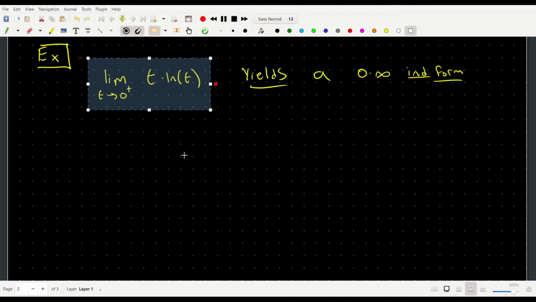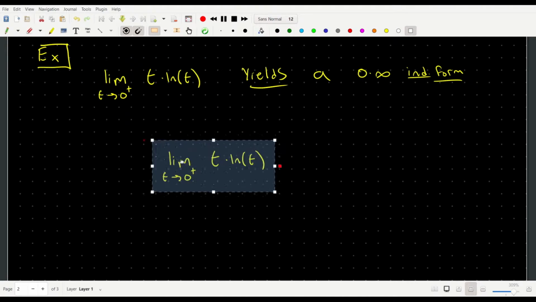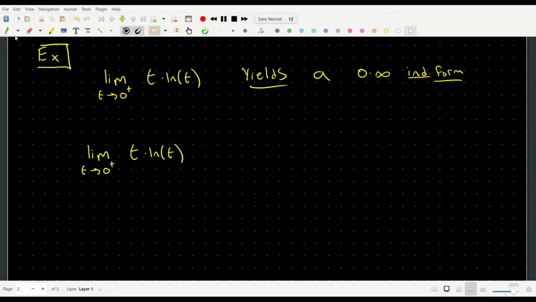We have two separate ways of rewriting this, like I mentioned earlier. However, the simpler way of rewriting it, I think, and this is just an algebraic simplification right here, is the same thing as the limit as t goes to 0 from the positive of the natural log of t divided by 1 over t. This is now a new type of indeterminate form.